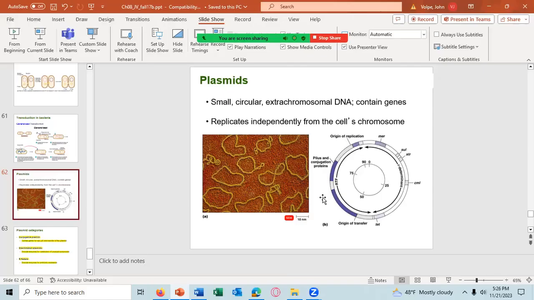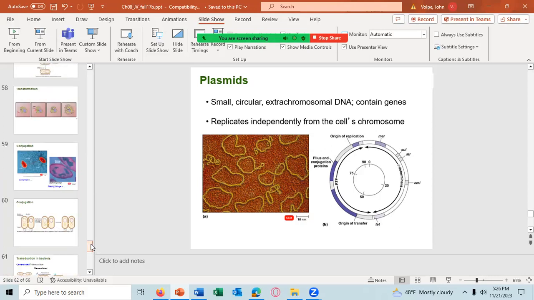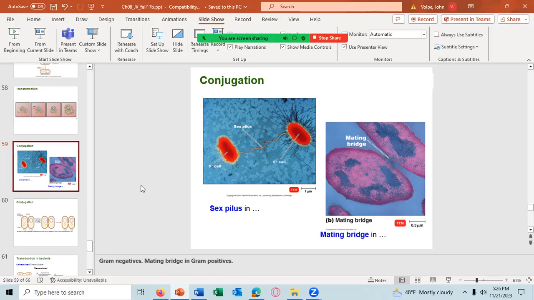Plasmids are important to a cell, especially a bacteria cell, because if genetic information is going to be exchanged between two bacteria, it is most likely going to be a plasmid that will be exchanged.